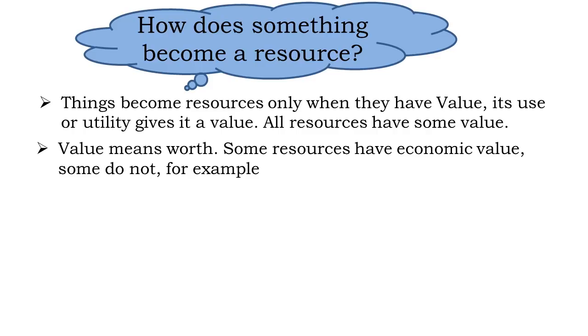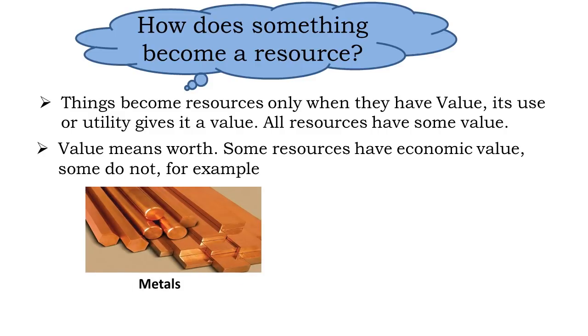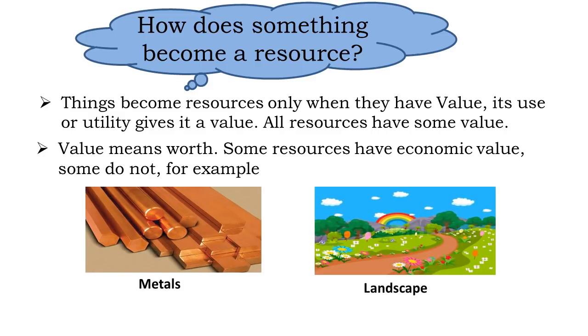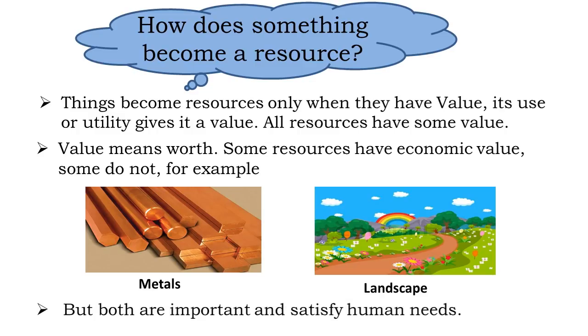Some resources may have economic value, some may not have economic value. For example, metals. And on the other hand, when we compare landscape, metal may have economic value, whereas the landscape may not have economic value. But both are important to satisfy human needs.